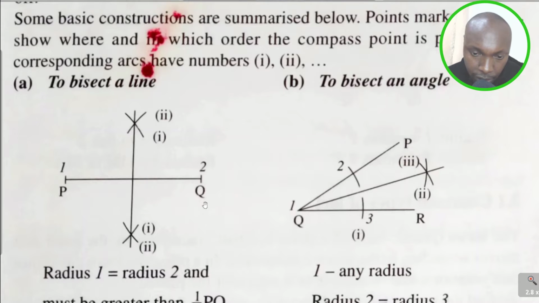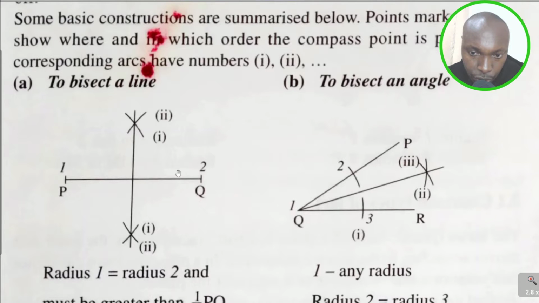Just go to the content that you did previously. How do you bisect a line? These are just some pictures that I'm going through, but I'll not go through all of them: how to bisect a line, how to bisect an angle. This is just to show you what you require before you come to the topic on Loci. So that is how you bisect a line. You know how to mark those arcs.